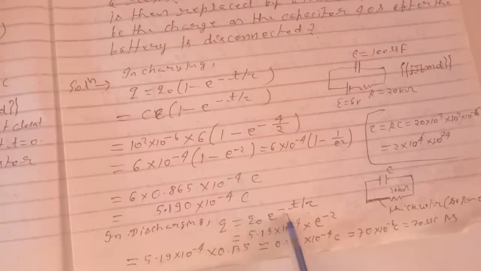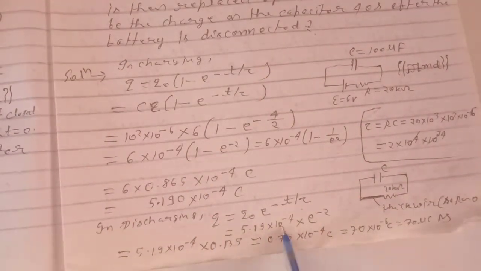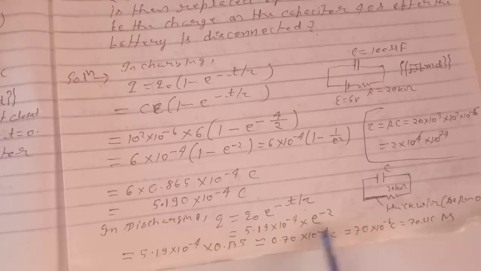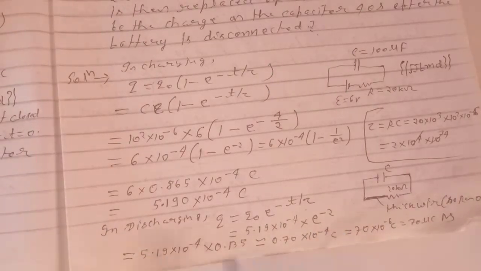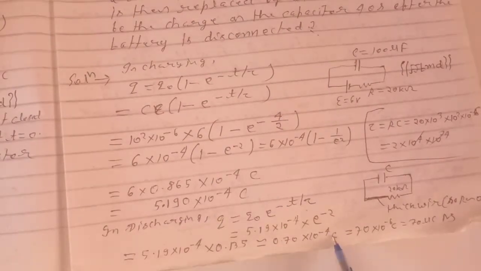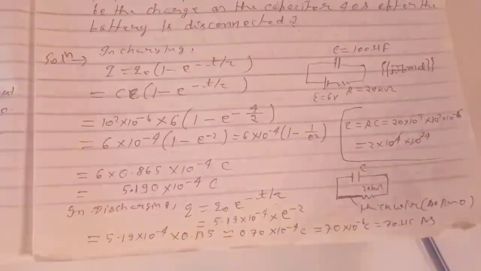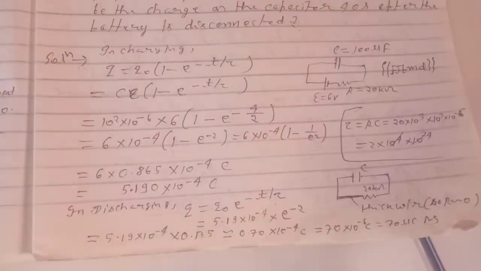So Q equals Q naught e to the power minus t by tau, 5.19 into 10 to the power minus 4 into e to the power minus 2, or solving it, 5.19 into 10 to the power minus 4 into 1 by e square is 0.135, equivalent to 0.70 into 10 to the power minus 4 coulomb, equal to 70 into 10 to the power minus 6 coulomb, 70 microcoulomb. This is our answer.